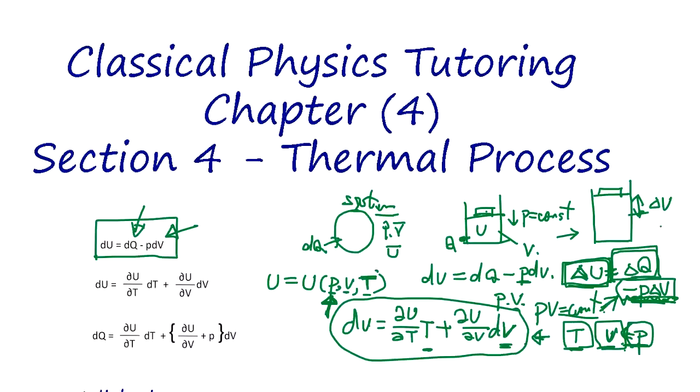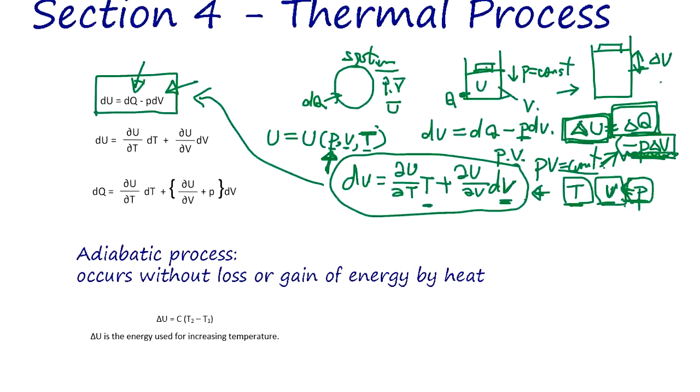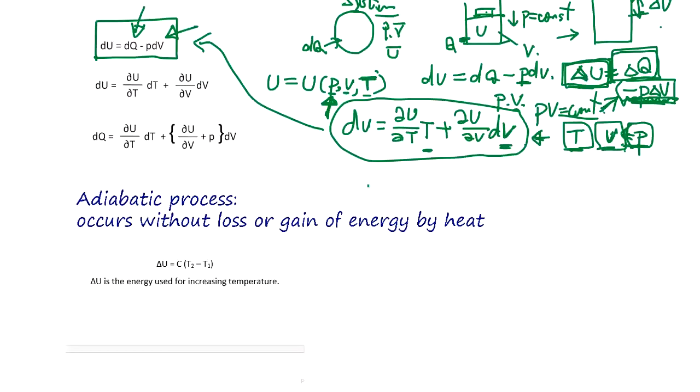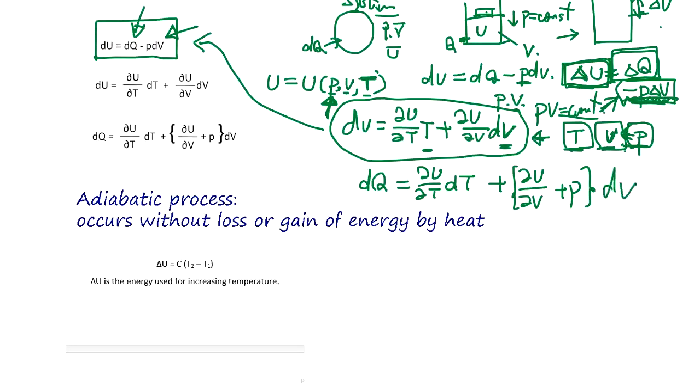Okay, so putting that into this equation, we get dQ, the heat energy, equals (dU/dT) dT plus [(dU/dV) plus p] dV.